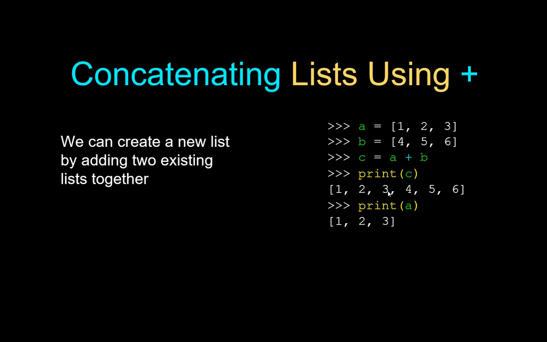It's going to be 1 2 3 4 5 6. And when we print A, we're still going to have 1 2 3, which means that this concatenation has nothing to do with our original components that we used here. So it doesn't change the original list A in this case.